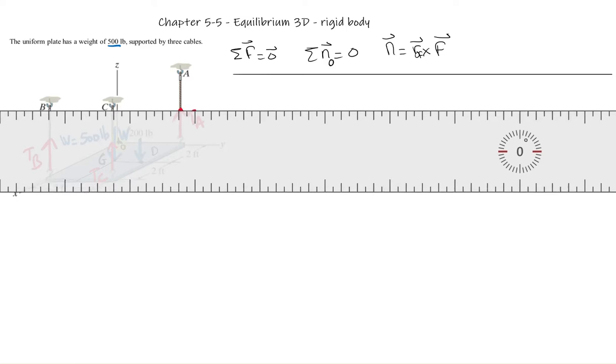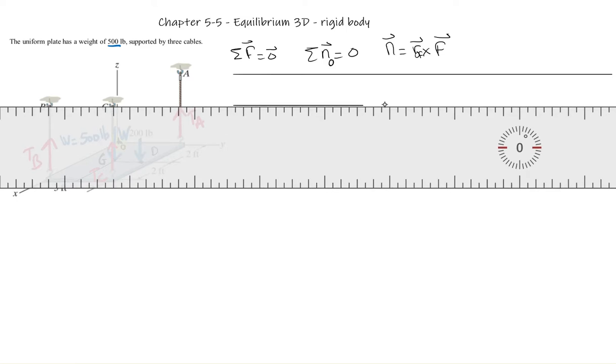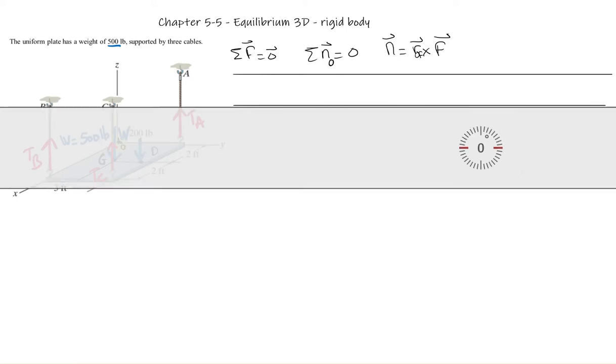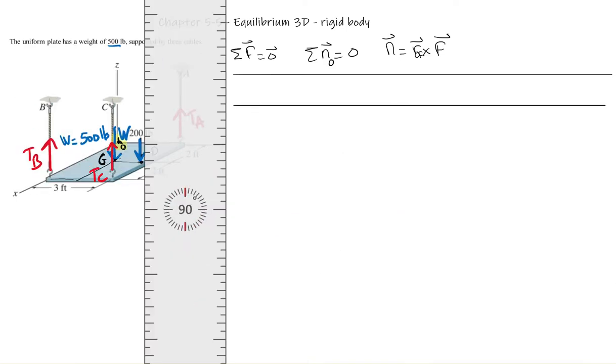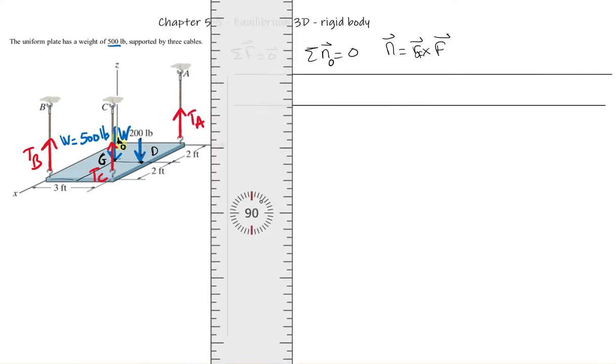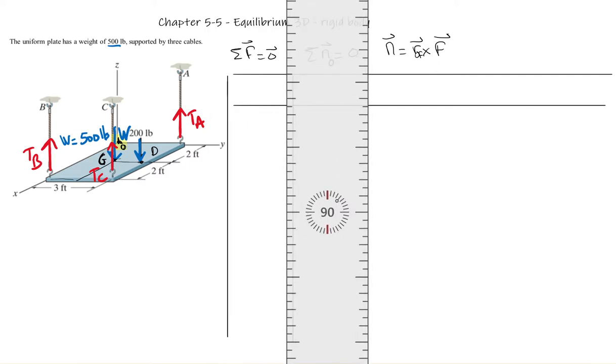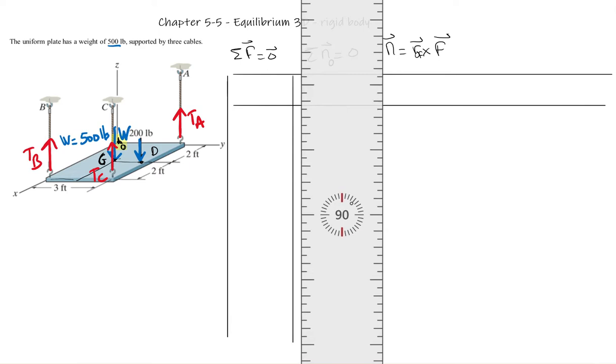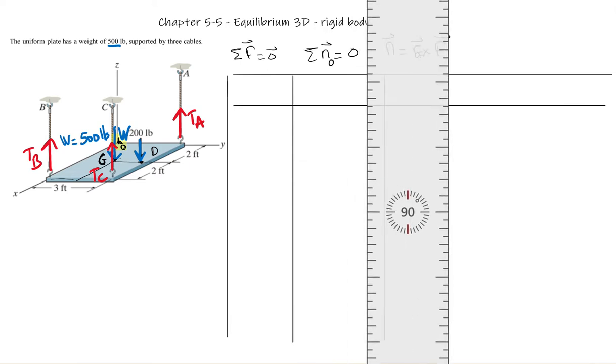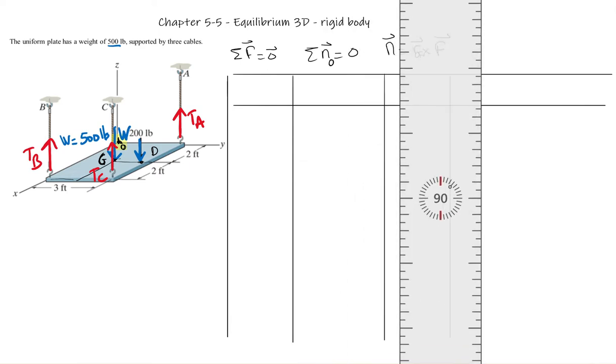So first column is the point. Second column is the position vector, R from O to the point. Third column is the force. And last column is the moment.